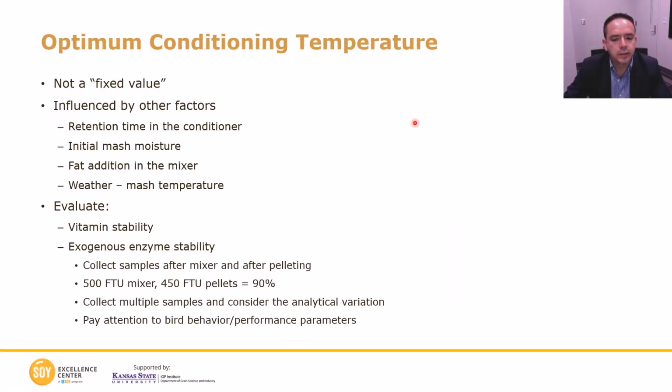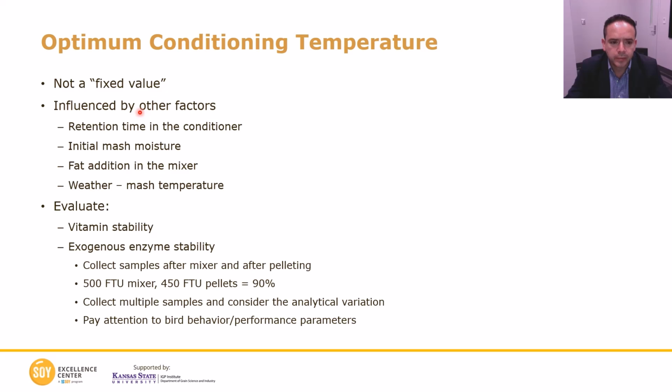And when I'm doing presentations about conditioning and pelleting, one of the questions is, what is the optimum conditioning temperature? And in reality, there is not a fixed value. The optimal conditioning temperature is going to be influenced by other factors, such as retention time in the conditioner.